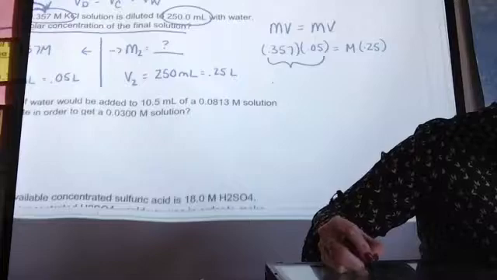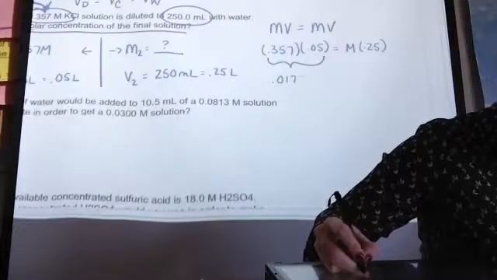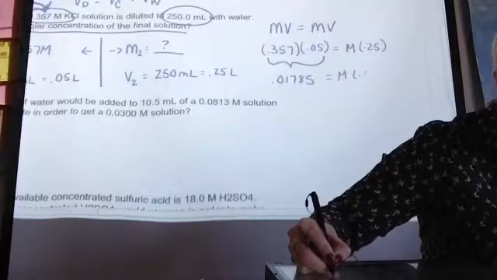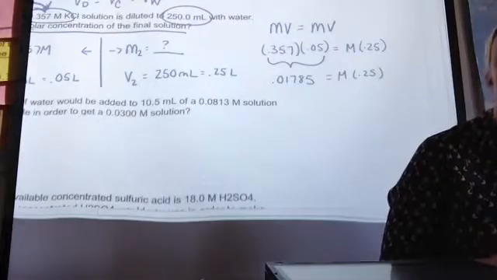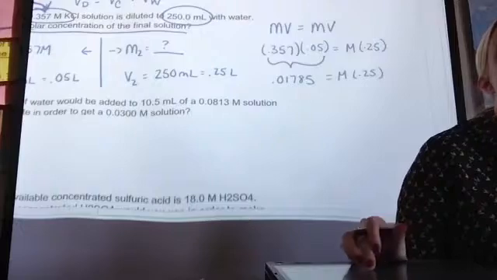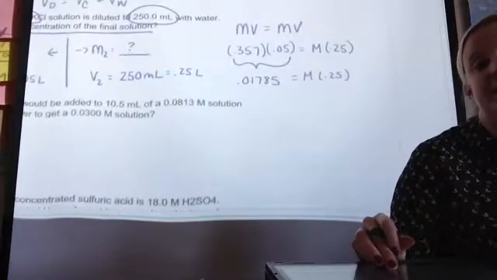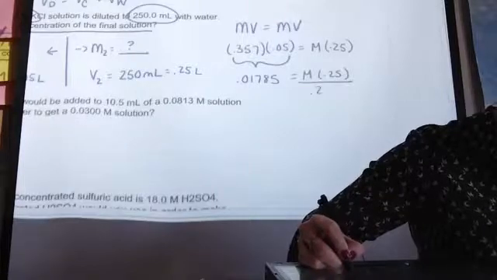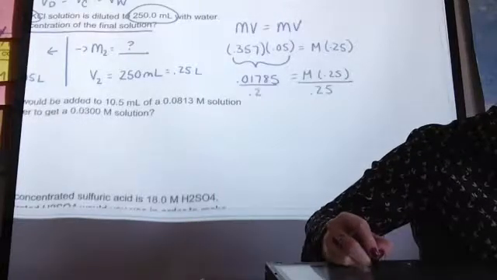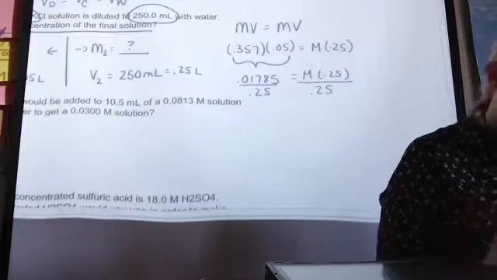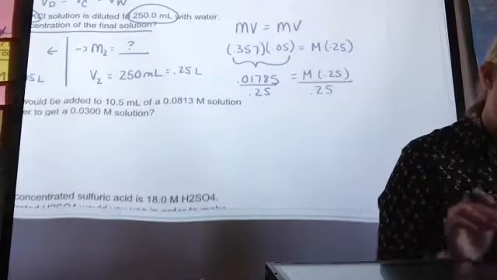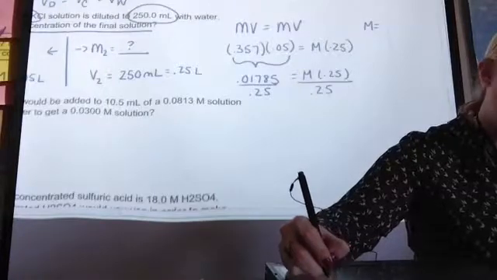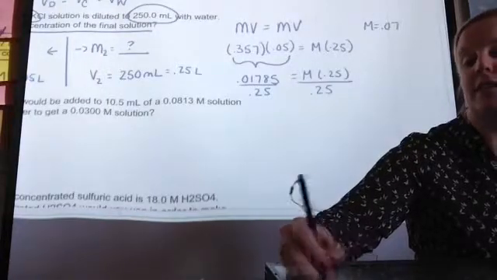And I get 0.01785 equals M times 0.25. My last step in solving for the molarity is to divide both sides by 0.25. And my final molarity would be 0.07.